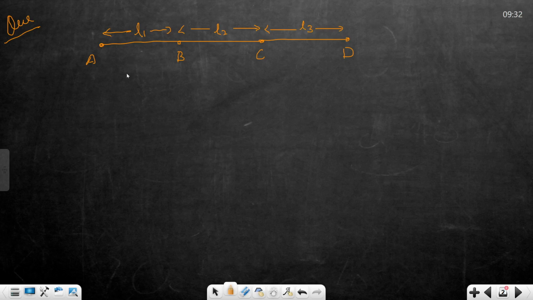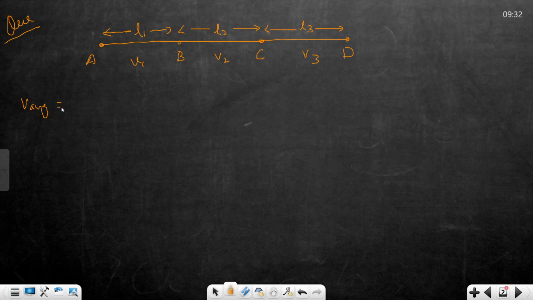Speeds are V1, V2 and V3. And the question is asking what will be the average velocity. If the object is moving in the same direction, in that case average velocity and average speed will be the same. Clear?